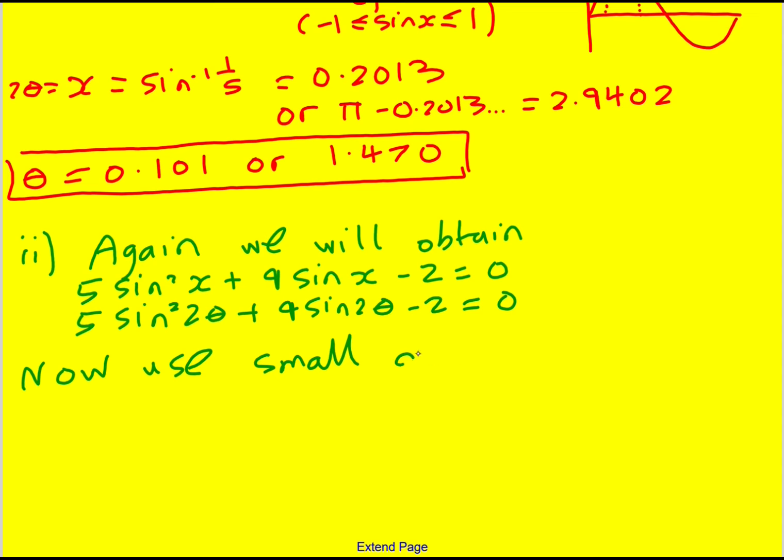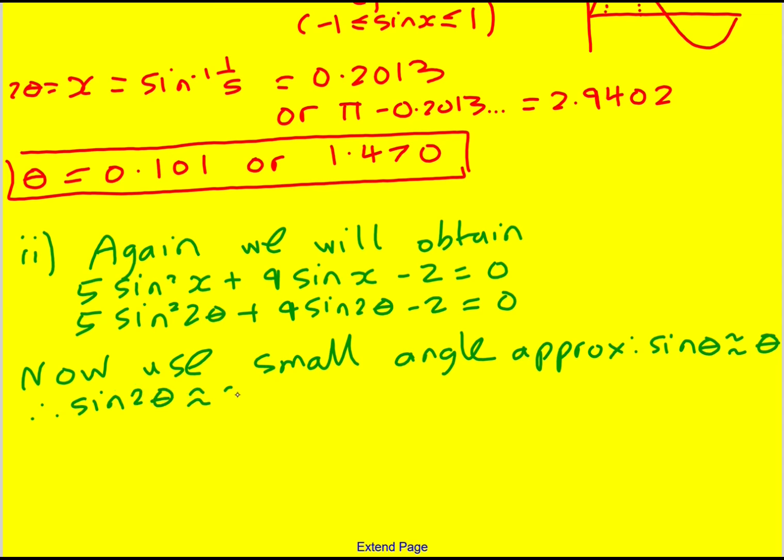Right, now use small angle approximation. And that is that sine theta is approximately theta. So therefore, sine 2 theta will be approximately 2 theta. And sine squared 2 theta will be approximately 2 theta all squared.